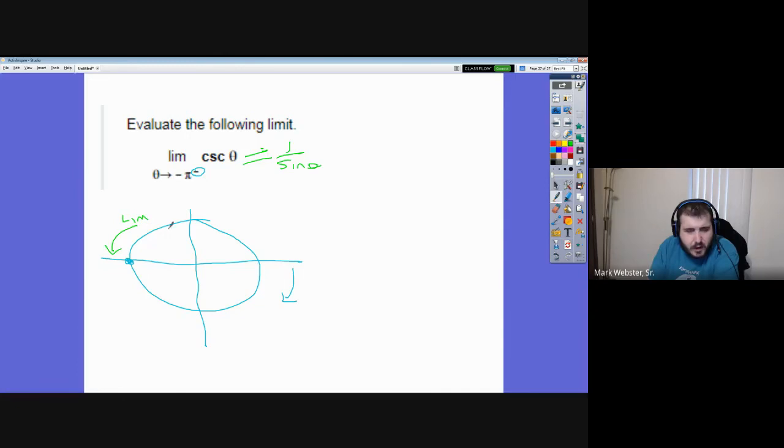So what we need to know is, are we approaching from the positive side or are we approaching from the negative side? If we look just before 0, this is like positive tiny, right? Well, this is positive. So this is 1 over a positive tiny number, which is positive infinity.